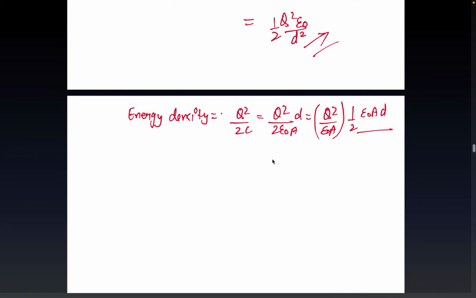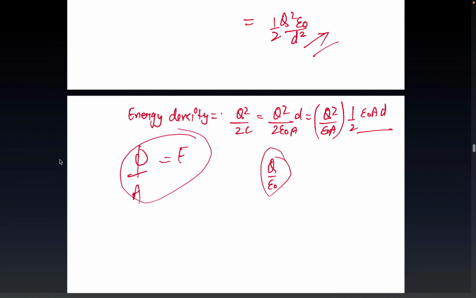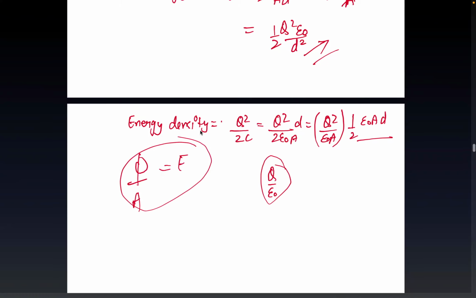What is Q by epsilon naught? That is flux, right? And what is flux by area? Electric field, right? This whole thing was just electric field, and this was just energy.